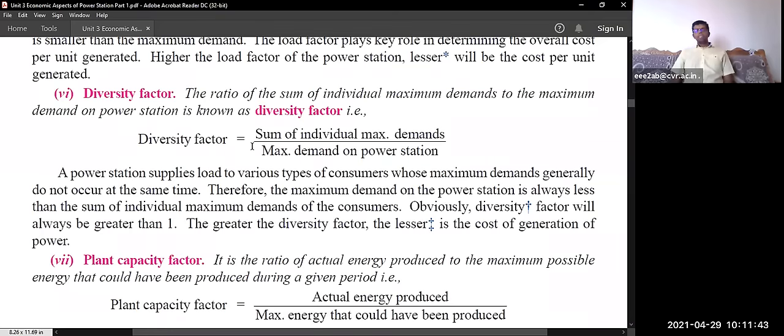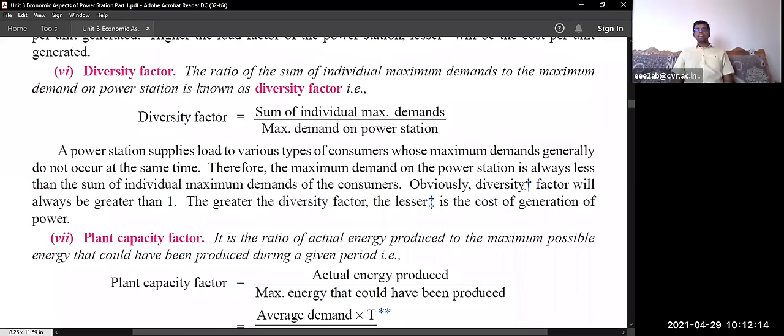In the reverse case, if the maximum demand is greater than the sum of the individual maximum demands, it will be less than 1. Then the cost of generation goes higher, and that will be reflected in your tariff. Definitely, the tariff to the consumers will increase like anything.